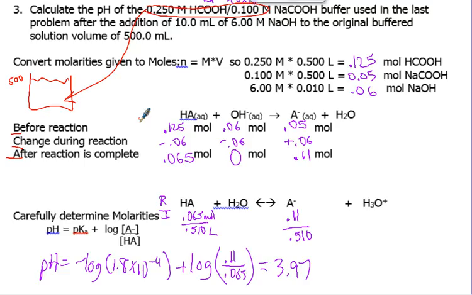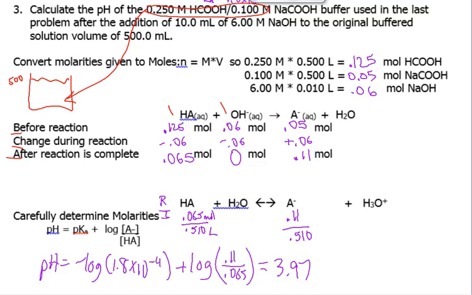So 0.06 gets subtracted from both of them. It's always going to be a 1-to-1 ratio with acids and bases, because one acid hydrogen can only react with one hydroxide to make water. So I subtract 0.06 from both of them. I'm making 0.06 on the other side though, because I'm making products from these reactants.